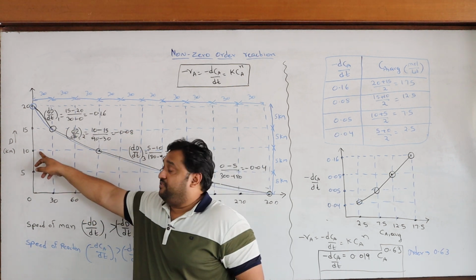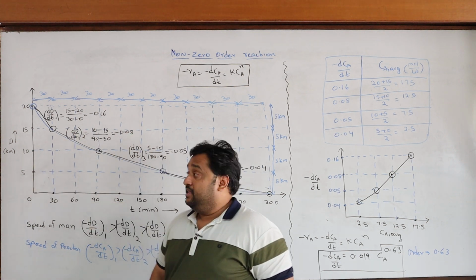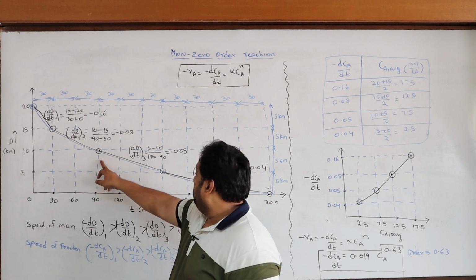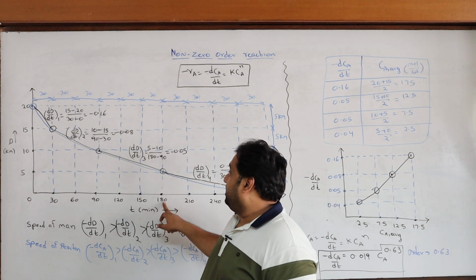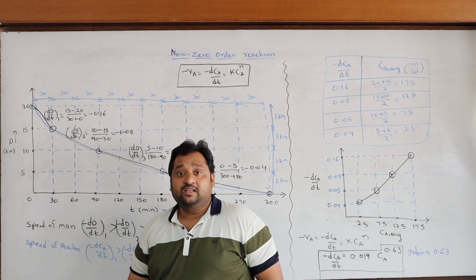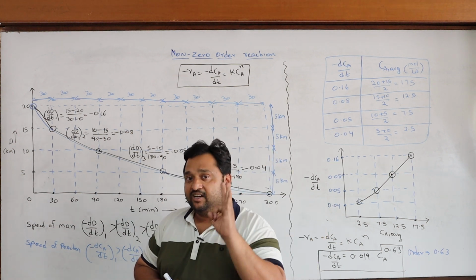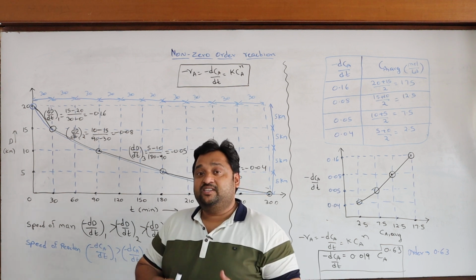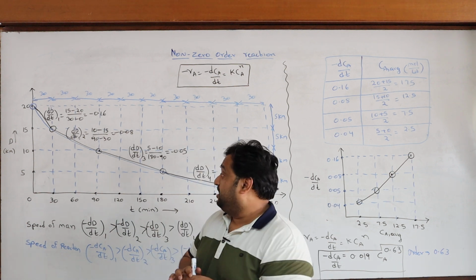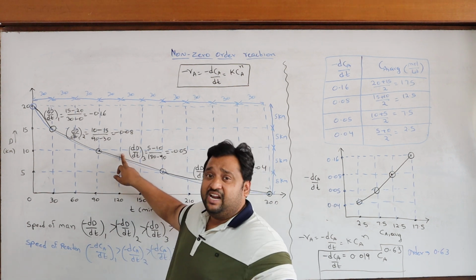Similarly, for the next 5 kilometers, 10 to 5, he has taken from 90 to 180, almost 90 minutes. You can see now the speed of the person is getting reduced.